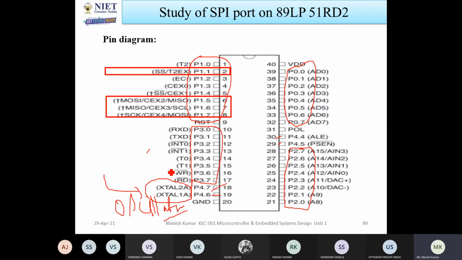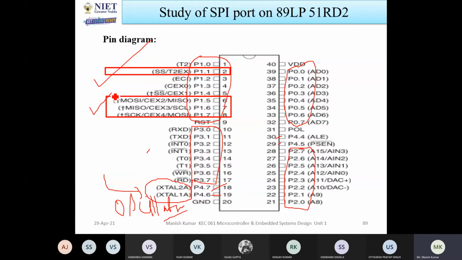So now we have to concentrate only on pin 2, pin 6, 7 and 8, since we have to study the SPI port. I already discussed that in the SPI port 4 pins are required. Those pins are pin number 2, pin number 6, pin number 7 and pin number 8. Correspondingly P1.1, P1.5, P1.6, P1.7.